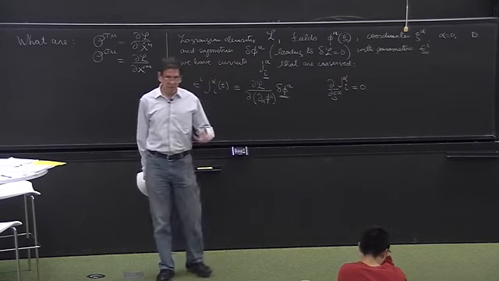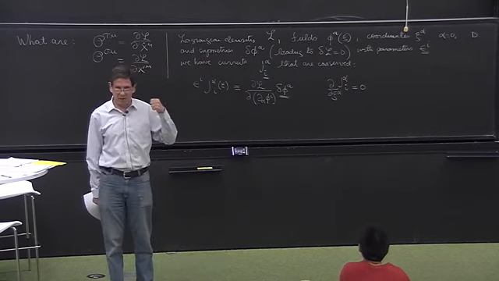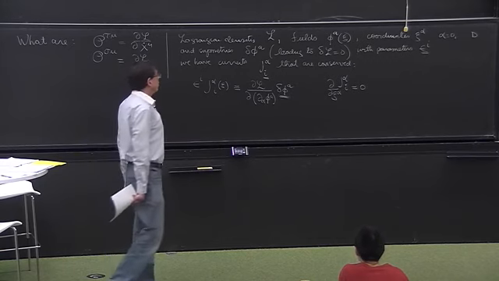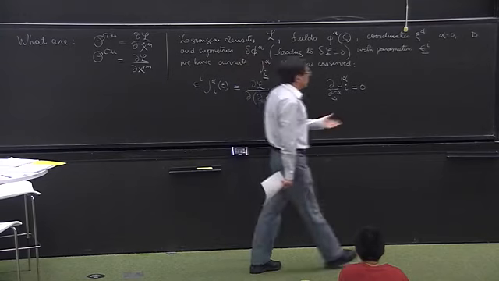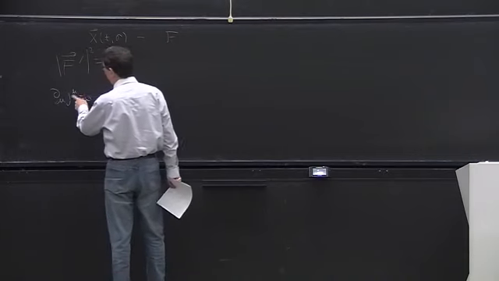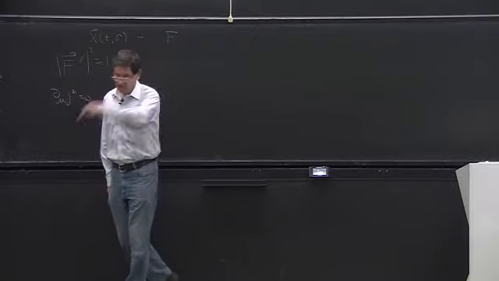And finally, if you have a conserved current, the most immediate use of a conserved current is having a conserved charge, which you know what charge is in electrodynamics, is the zeroth component of the current. The spatial components of the current are the currents.